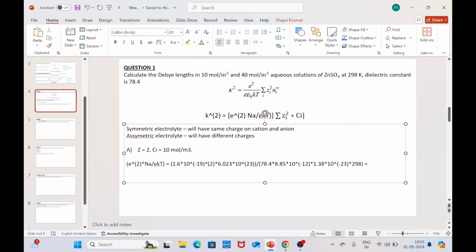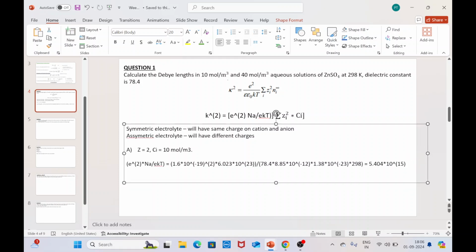Then the value is 5.404 times 10 to the power 15.